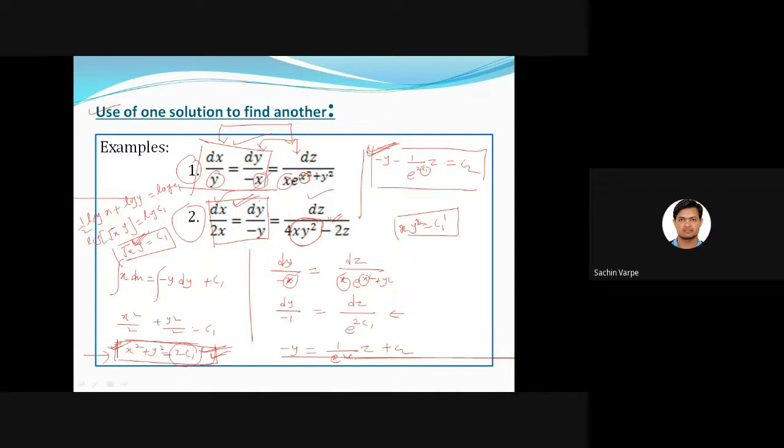So we cannot eliminate the third variable completely. So what we do, we substitute the first solution obtained, that is x square plus y square is equal to 2c1, into the exponent e to the power x square plus y square. So that will be dz upon e to the power 2c1.